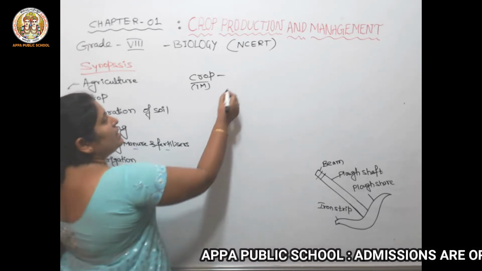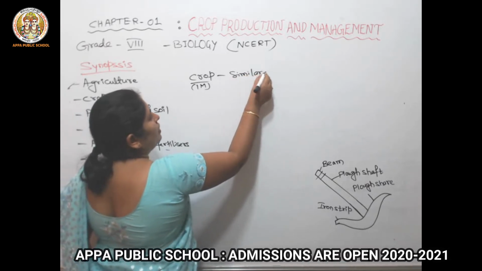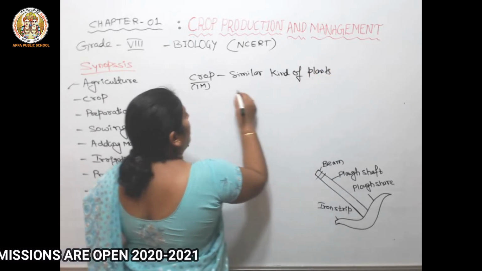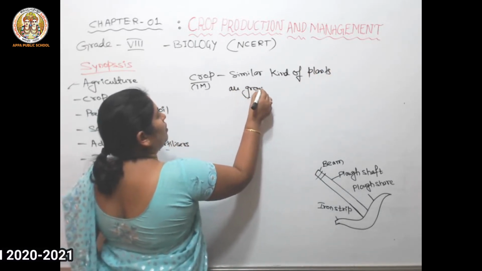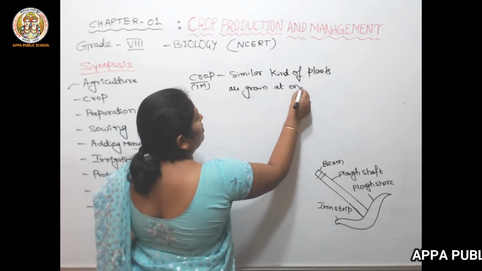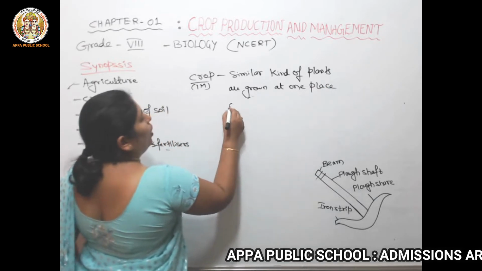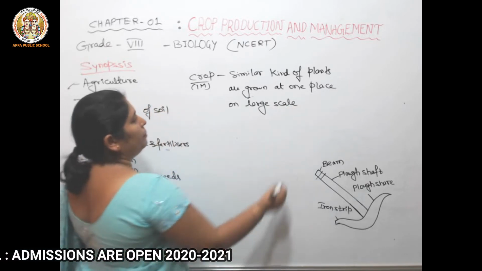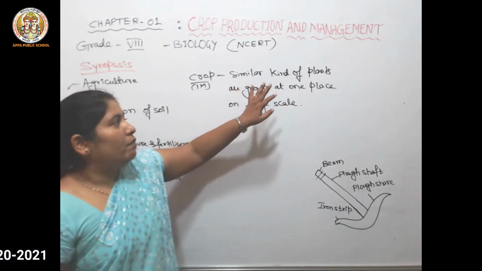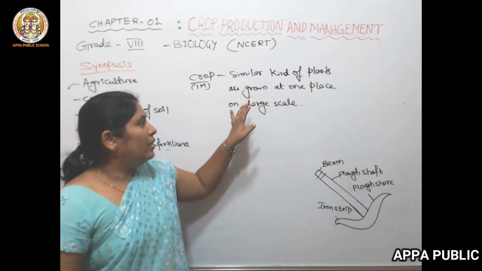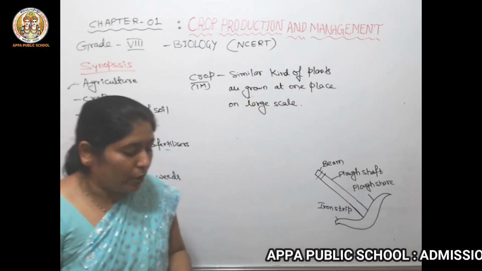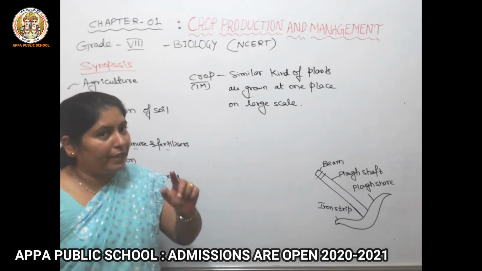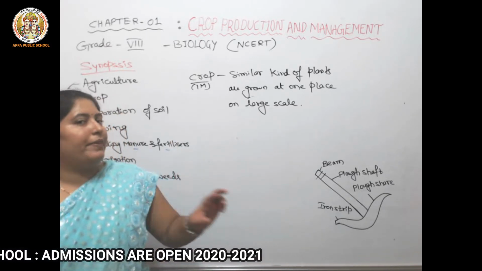Then the answer is: similar kind of plants grown at one place on a large scale are called crops. Okay, in this definition, some important points are there. You need to remember them while writing the definition. If those words are missing in the answer, then definitely you are going to lose marks.